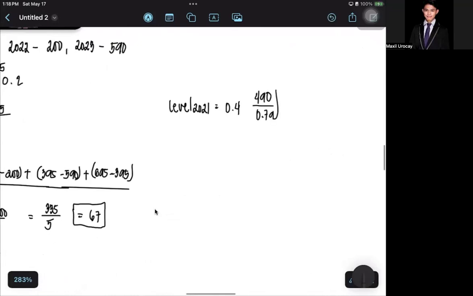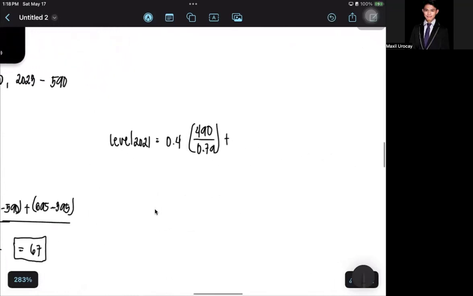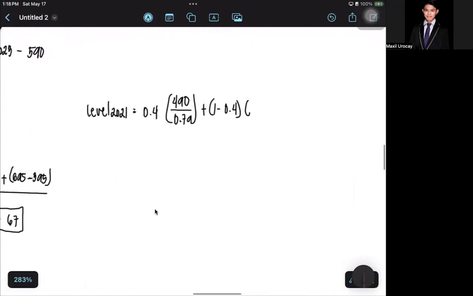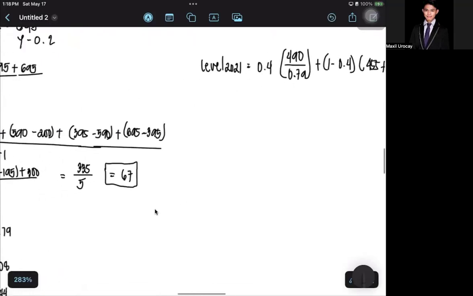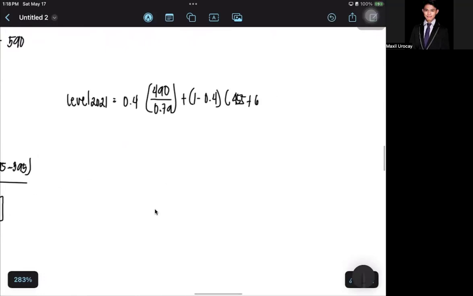Then we add 1 minus 0.4 times the previous level, 455, plus the previous trend, 67.